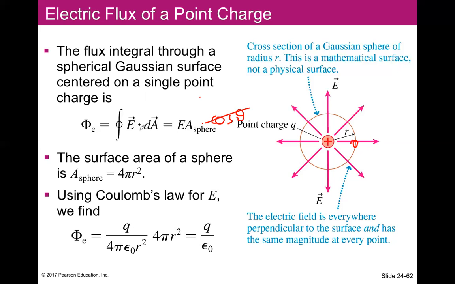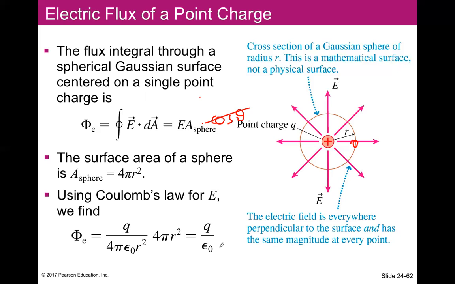And then what is E? E can be calculated by using Coulomb's law, which is Q over 4 pi epsilon r squared. And then finally you get this flux equals Q over epsilon.